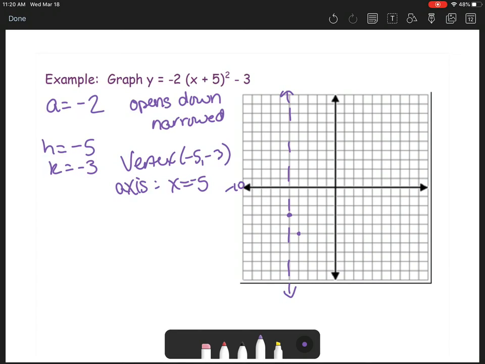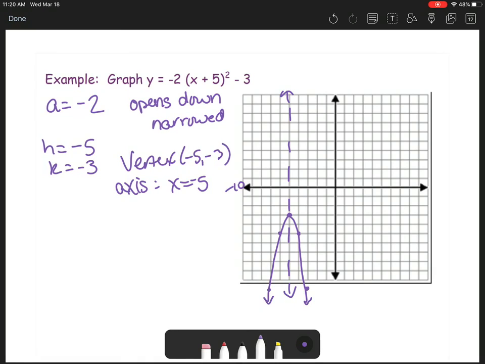So right 1, 2, 3, 4, 5 goes off the graph paper. Estimate that, and then reflect them across the axis to get those points over there. And just as we expected, this opens down and is slightly narrower than an average parabola.